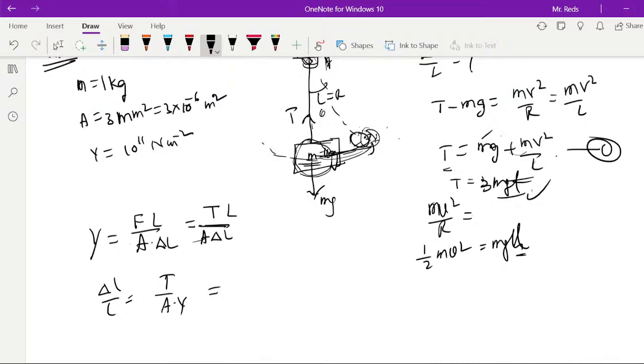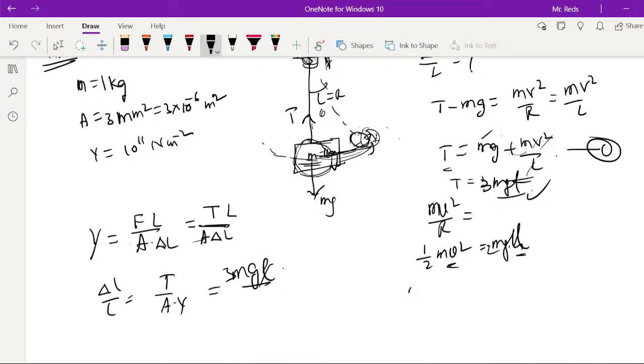Let me just do this. m v square is 2 mgl, and l gets cancelled, so no l will be there.